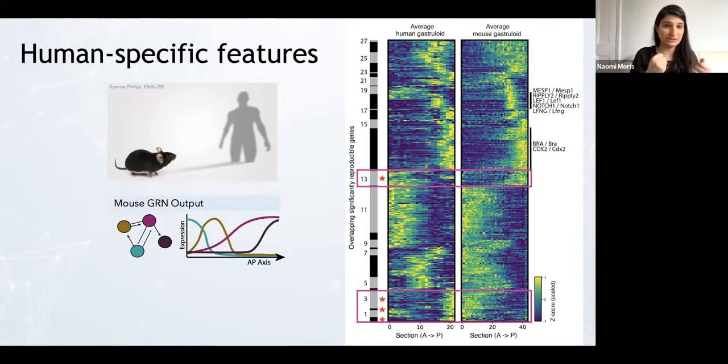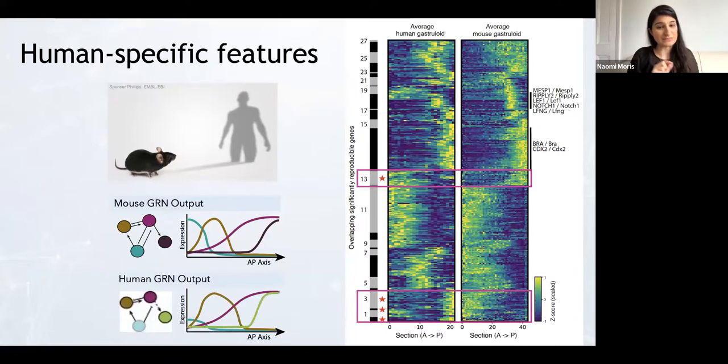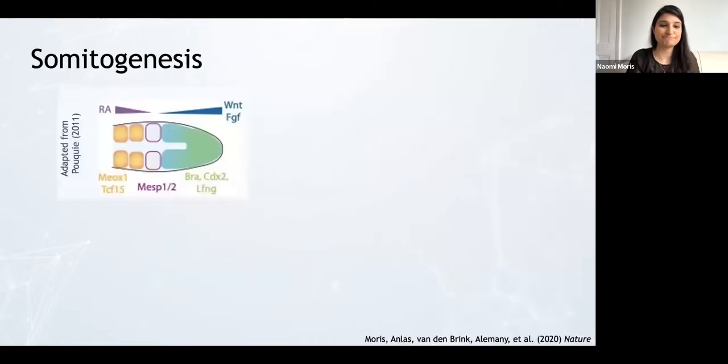So could we look at the gene regulatory networks in mouse gastruloids compared to human gastruloids and see if there are differences in how these networks are configured, either in terms of actual genes that are expressed, or their timings, or their relationships?